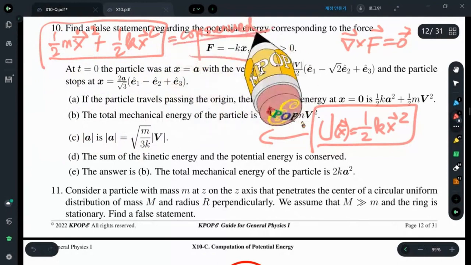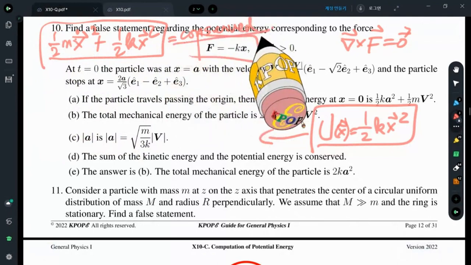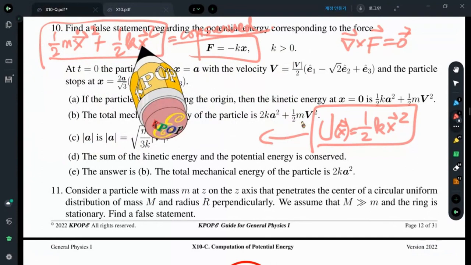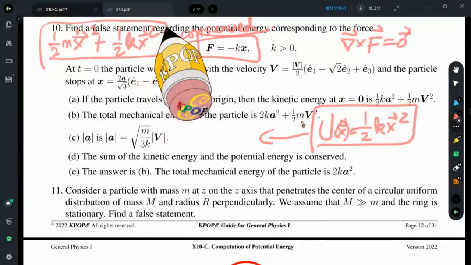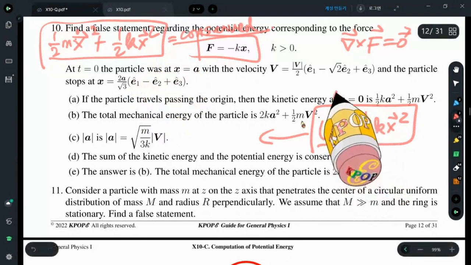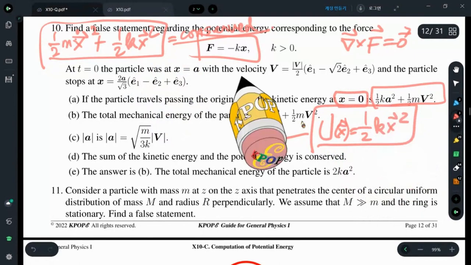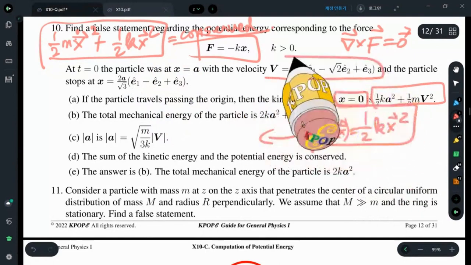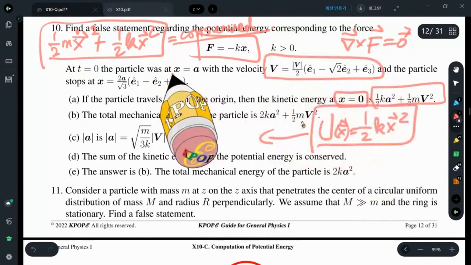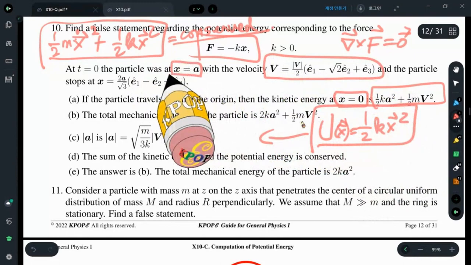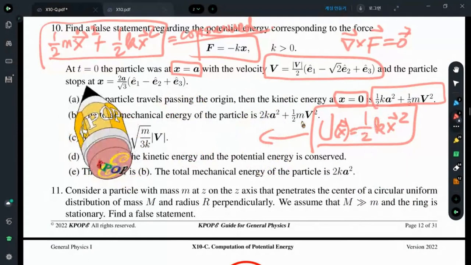That means I can make use of the value at a certain time, and I can keep using that value. In here, at x equals 0, it has this velocity, and when x equals a, the particle stops.